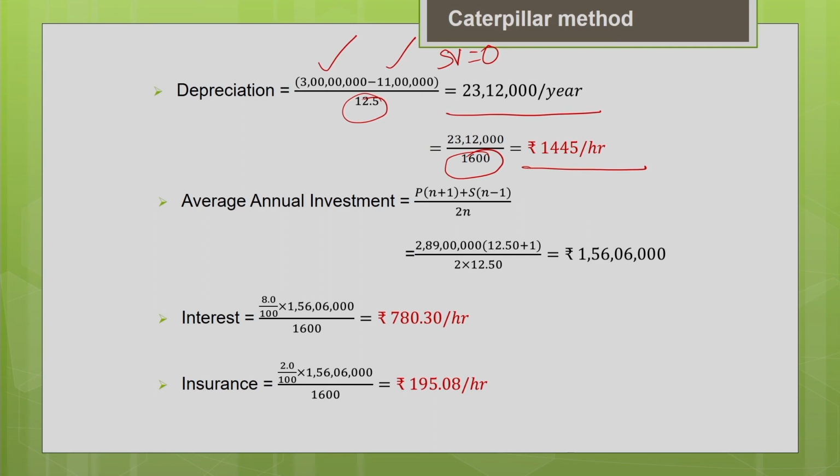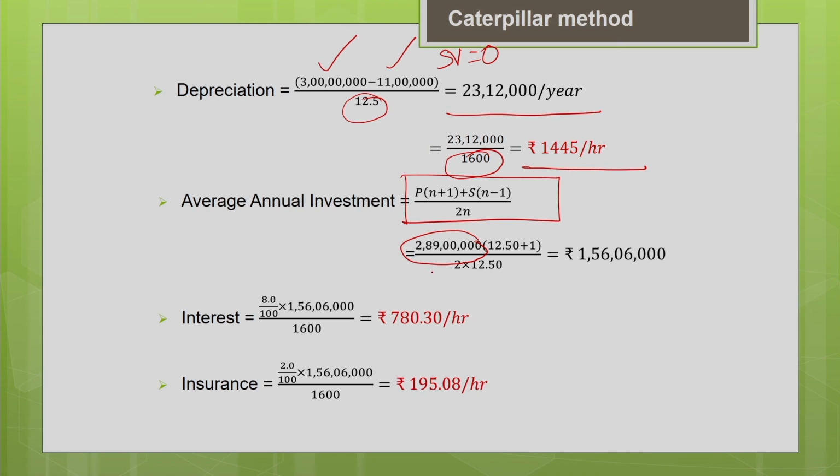Another thing we do in the Caterpillar method is estimate the average annual investment. Hope you remember the formula: P into n plus 1 plus S into n minus 1, divided by 2n. P is your purchase price minus the tire cost, which is 3 crore minus 11 lakh, the tire cost.